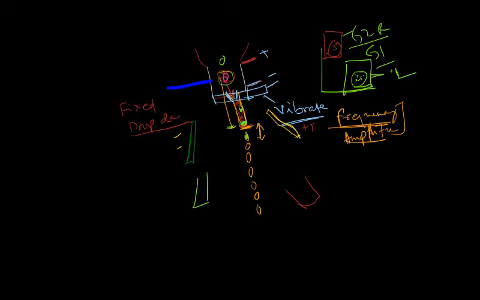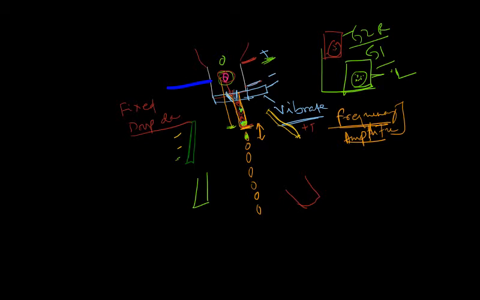But here the instrument is set to sort or deflect the cell to the left. That means on the left there is a negative voltage plate, so in order to deflect the cell to the left, we need a positive charge. The moment the cell is going to exit the stream, as the stream is going to break off, the instrument applies a positive charge to the stream, and as the droplet breaks up, it carries a positive charge.